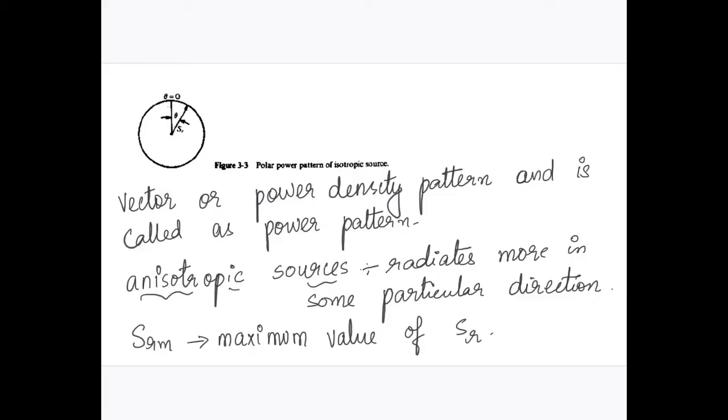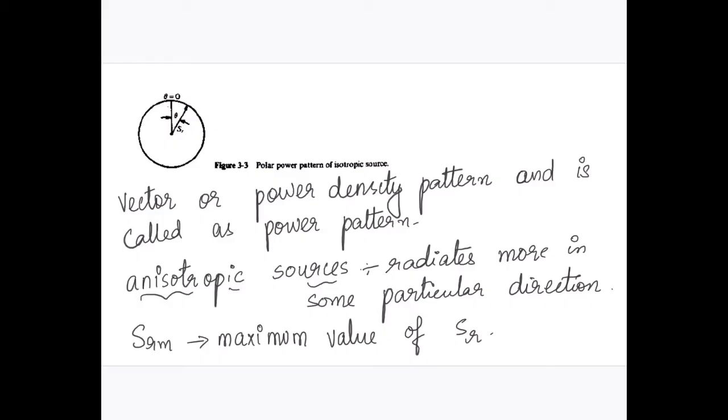S_r will be the same in all directions. This is for an isotropic source, but generally sources do not radiate equally in all directions. They have directional properties, that is, they radiate more energy in some directions than in others. Such a source is known as an anisotropic source, which radiates more in one direction.